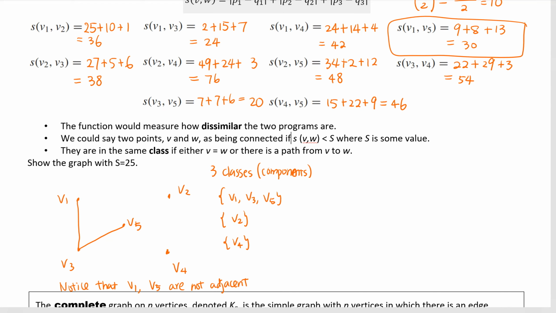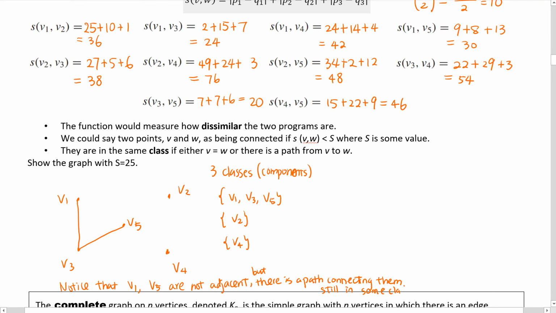Here, the dissimilarity is 30, but even though they're not adjacent, there is a path connecting them. So they're in the same class or component. Okay, so they're still in the same class. So far so good, everybody.